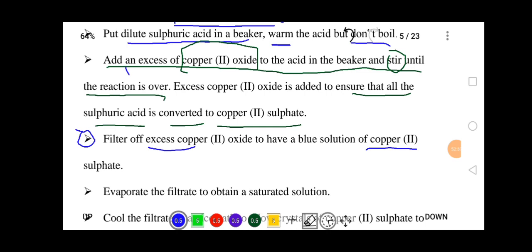It means that when you prepare your solution, you need to find a way of removing excess water from the solution so that you can form the crystals of copper 2 sulfate. For that reason, you are going to proceed to the second step.